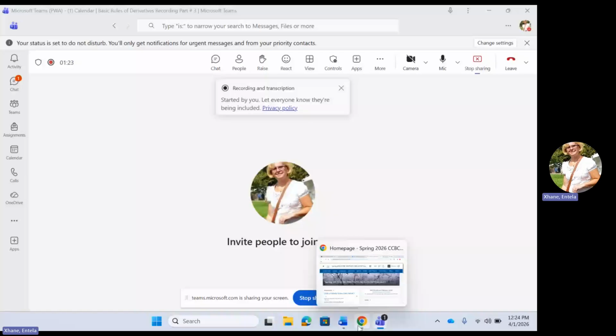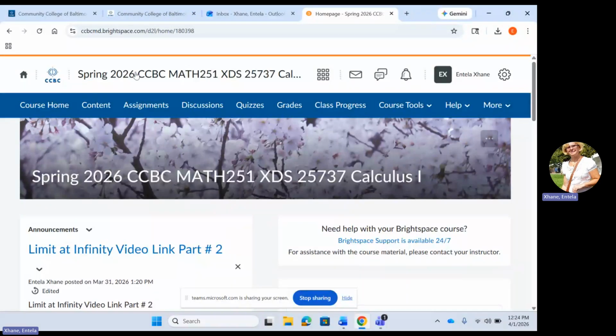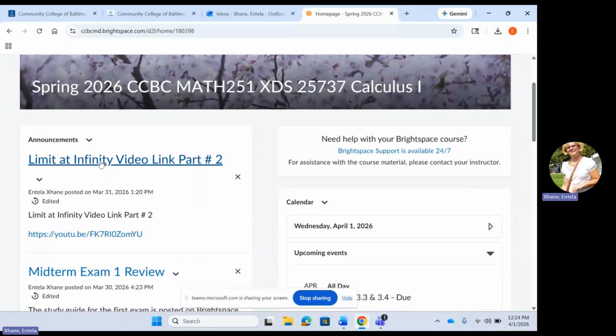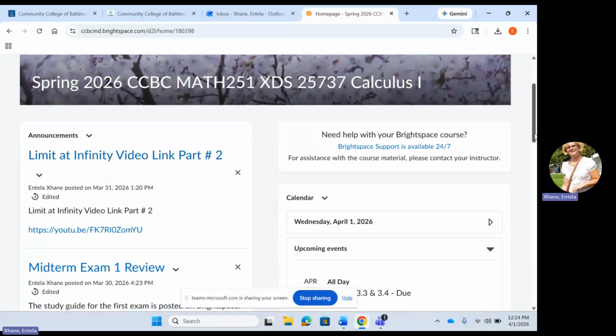Before I start, in order for all of you to follow with directions and where to find things, even though they're being posted in Brightspace, let me share my screen. This is the site on Brightspace 251, and then you have limit at infinity, the video link recording part 2.